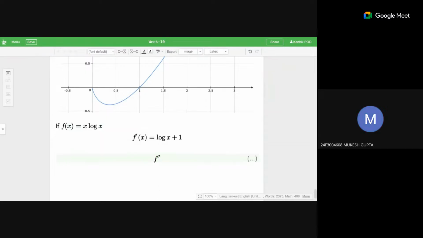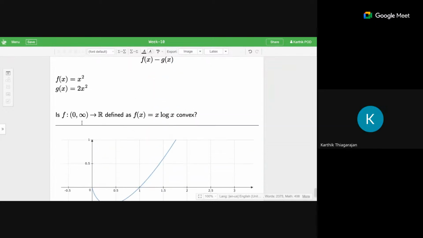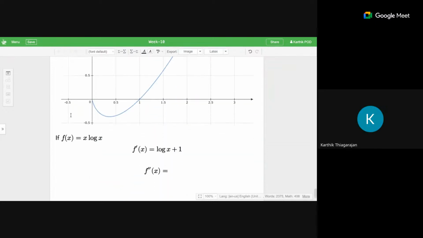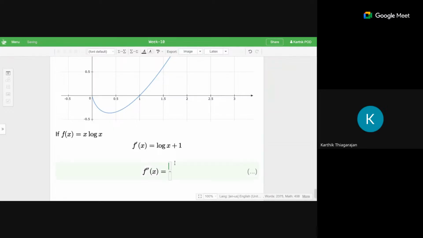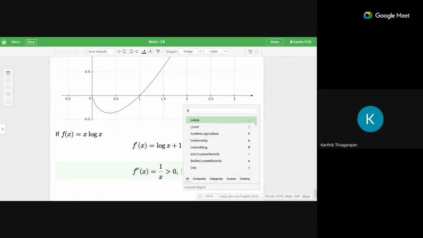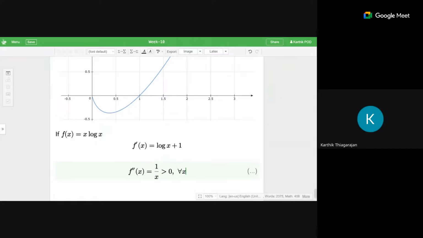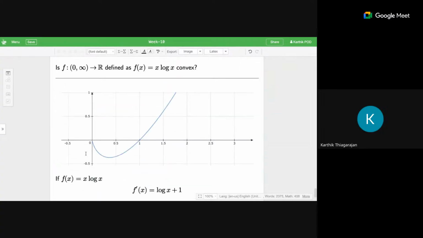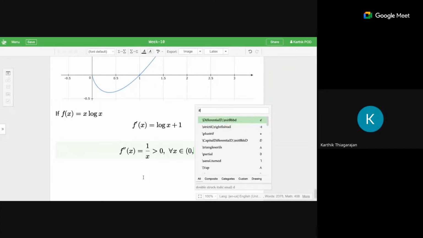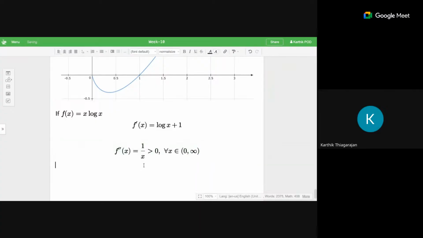For negative x, f is not defined. That's why the domain is 0 to infinity, right? So this is 1 by x, which is always greater than 0 for all x in the interval, 0 to infinity, right? Therefore, what you see is f is in fact convex.